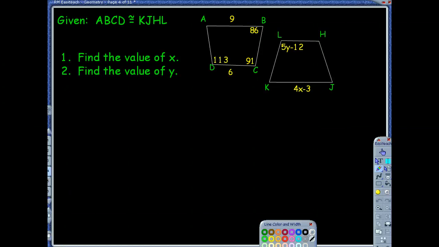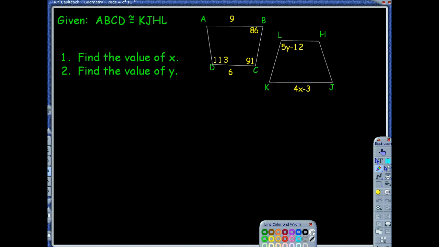Now, first of all, what pieces do we know correspond? Well, the congruent statement basically tells you which angles are going to correspond, which segments are going to correspond. So let's mark our picture with some of that.